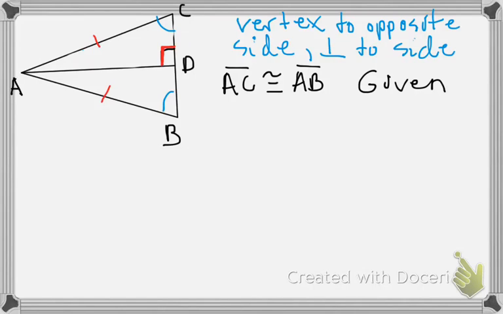So when we do this, step one is the given. We know we get a set of sides. Okay? The other thing we get is this is shared.